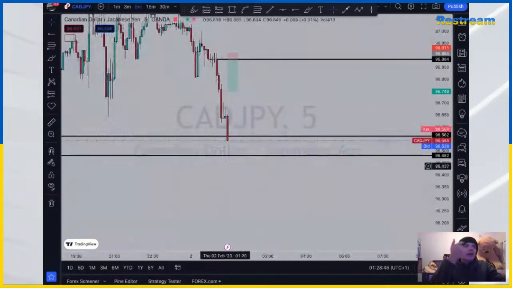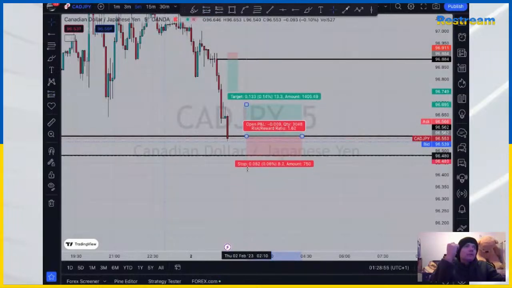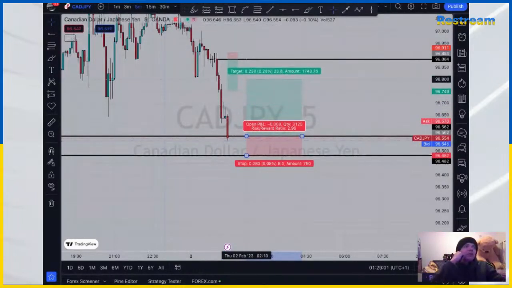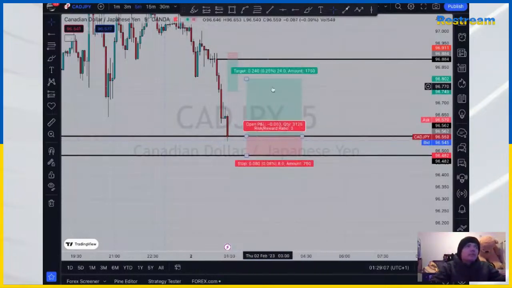So it's mitigating that candle on the 5 minute. Since that candle is kind of big, I would only go maybe 2 or 3 to 1. So just do 3 to 1 and that's it. Then see what happens.